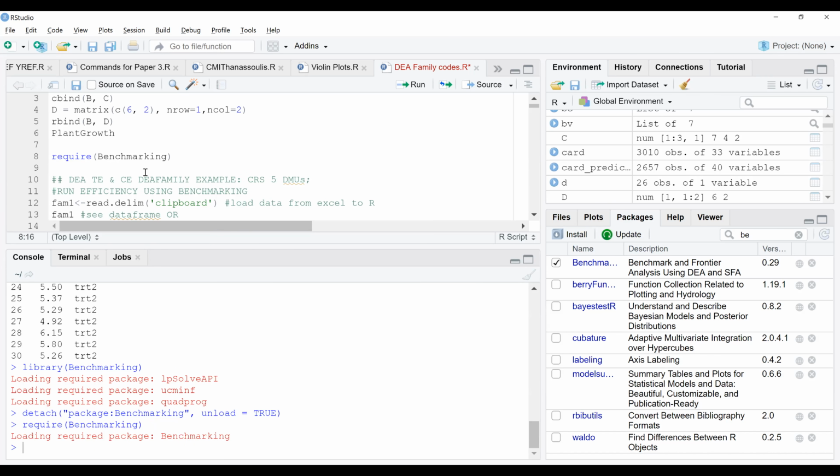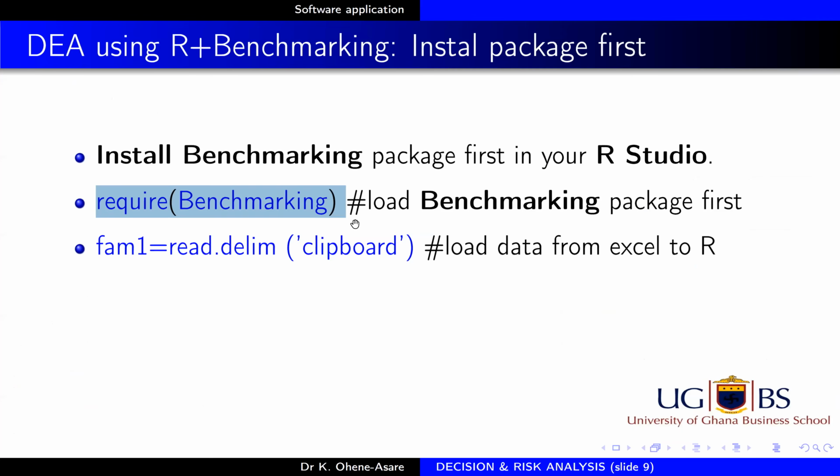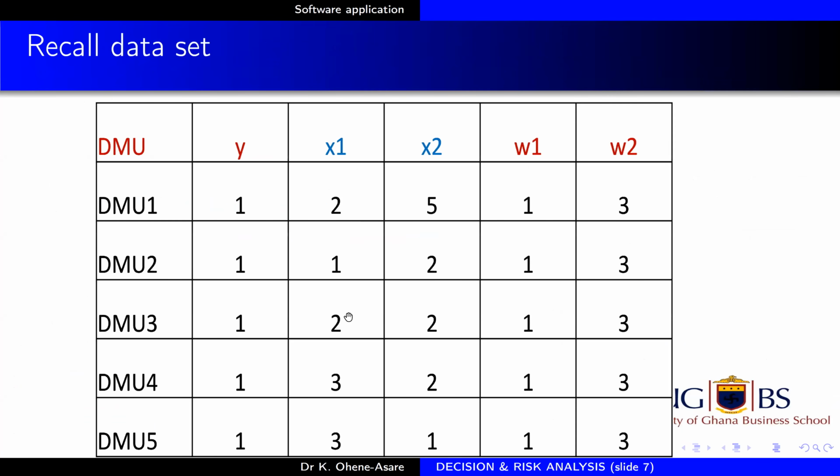So the first thing you want to do is bring the data into R. So go to your Excel and, just as you see it here, copy the data into R. I'm trying to see whether I have it.